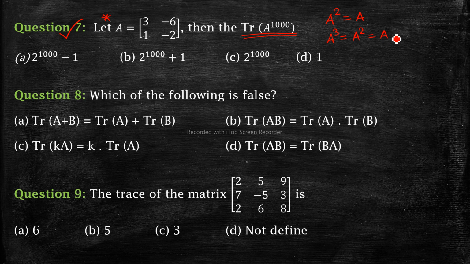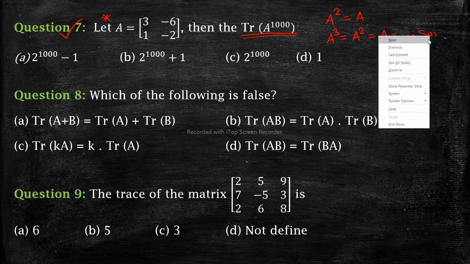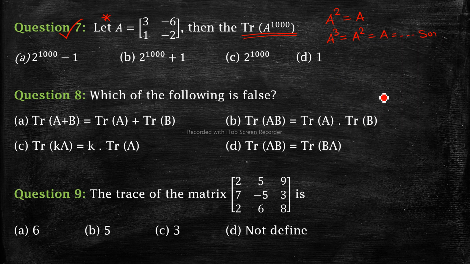That means if a matrix is idempotent, then we can write A to the power 1000 also will become A. That means trace of A to the power 1000 is equal to trace of A only.